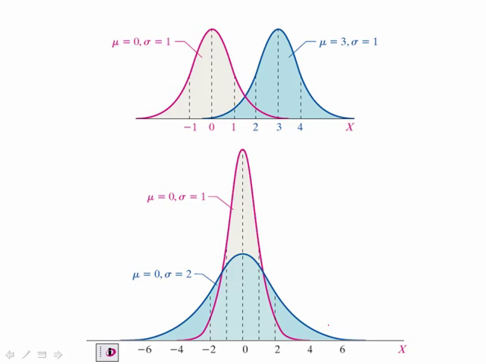So is it clear what role sigma plays? Spread. More spread out. Notice the inflection points on the blue curve are at what values? -2 and 2, because the inflection points occur where? One standard deviation on either side of the mean.